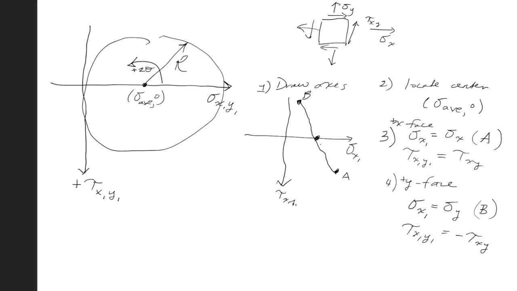And so we're going to start measuring our angle. If we want to rotate, we're going to rotate from point A. And so point A becomes our theta equal to 0 point. So we're going to measure 2 theta from point A. The origin of the beginning of the rotation is the x face. And so that makes sense that point B on the circle is 180 degrees from point A, which is 90 degrees on the element, which is correct.